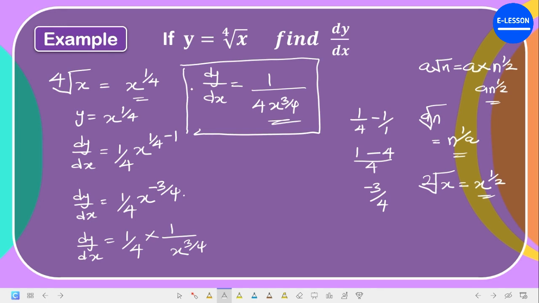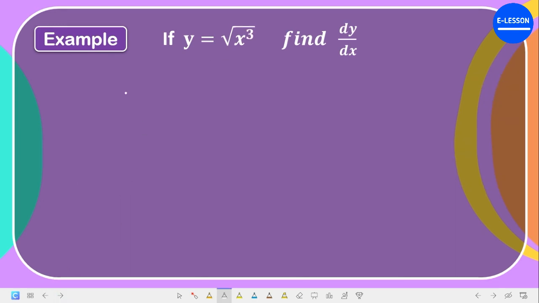Can we take another question briefly? Now we have another question that says y is equal to the root of x raised to the power of 3. Now from all we have learned, if we express this in the index form, this becomes y is equals to x raised to the power of 3 times 1 all over 2, because root means 1 all over 2.